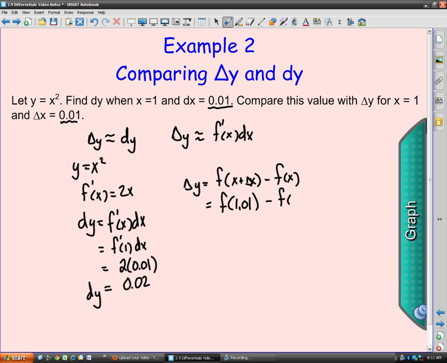Plugging in our values like we normally would, we get 1.01 squared minus 1 squared, and when all multiplied out, that gives me a value of 0.0201.